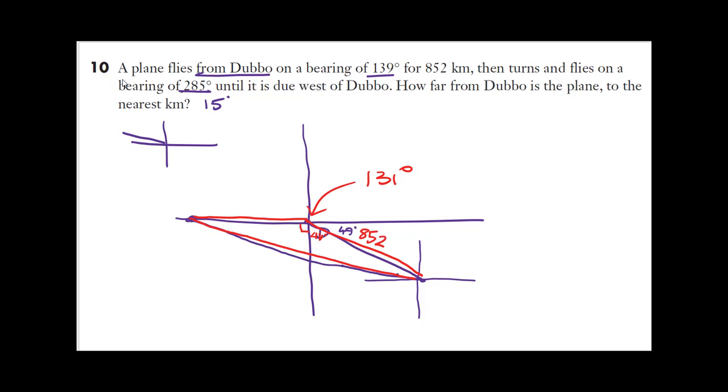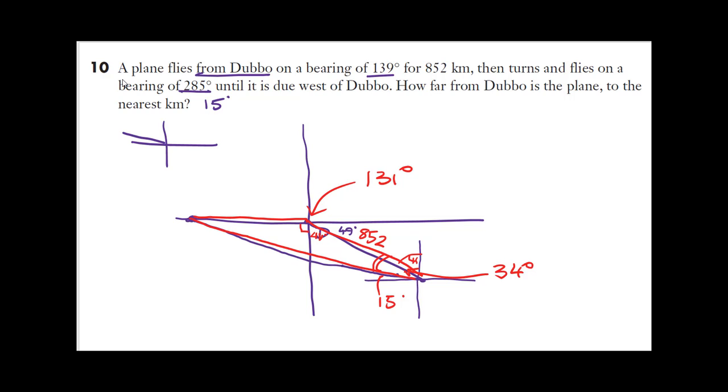Now we said this was 285, so this little angle here is 15. This angle here, because this was 49, this will be 41, which means that this angle in here, which we need, I'll just draw it out here somewhere. 15 plus 41 is 56, which will leave 34 degrees in here.